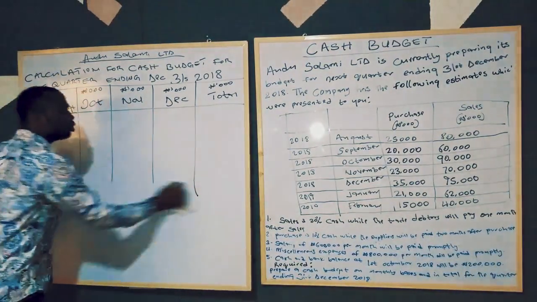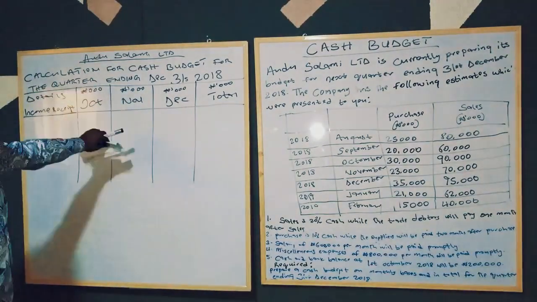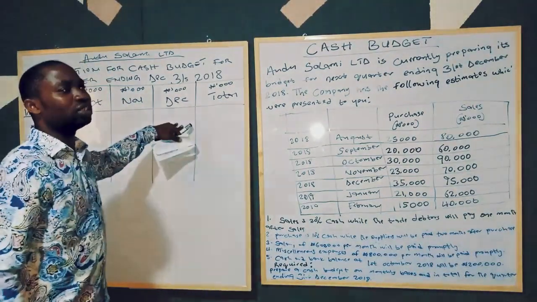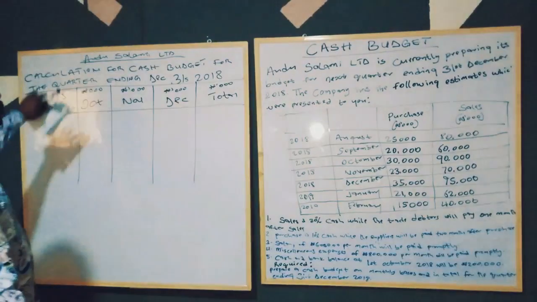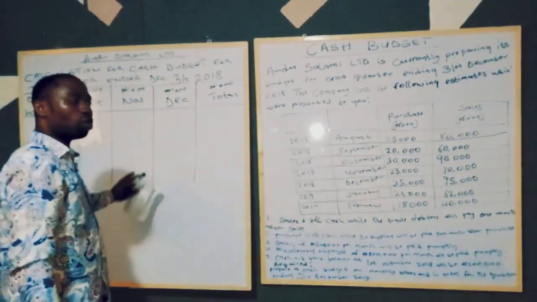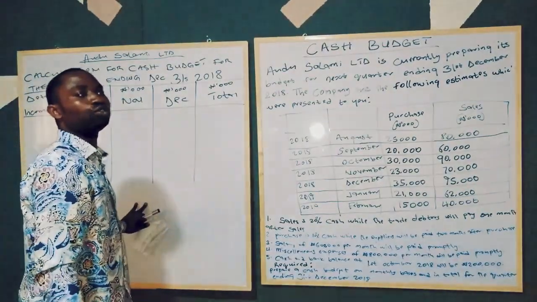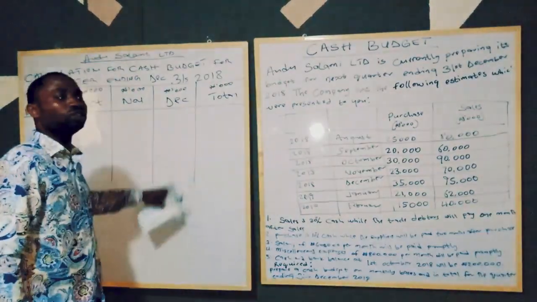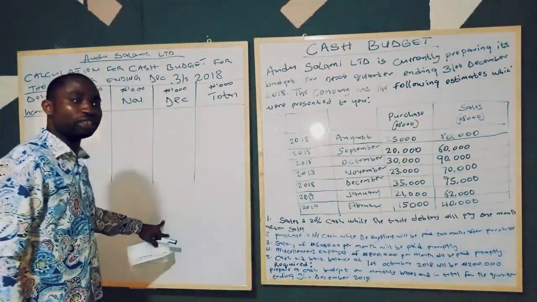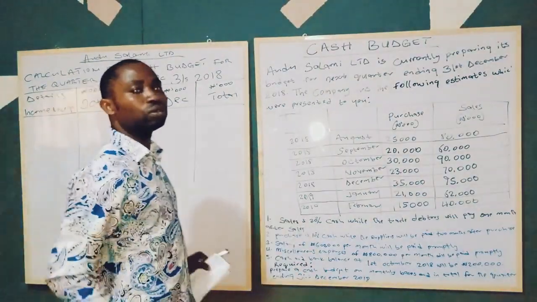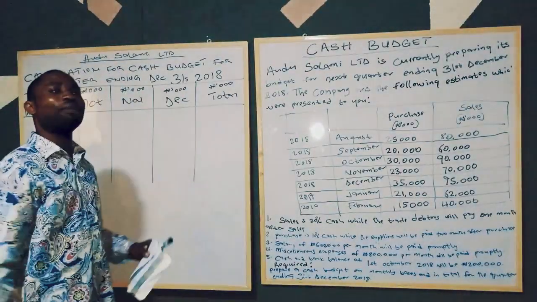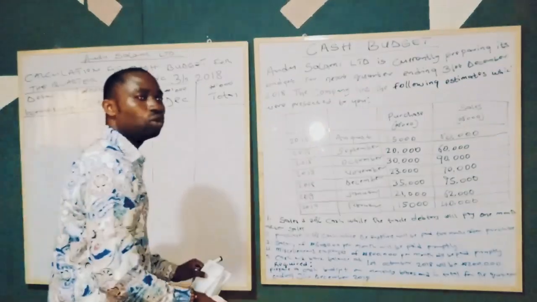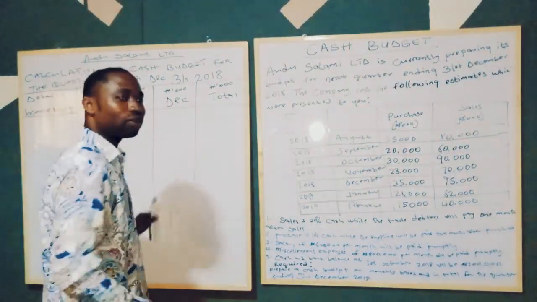So what we are going to be doing here is that we are going to calculate all the income for these 3 months. Then we are going to calculate all the expenses or payments for these 3 months also. Then we are going to subtract the expenses from the income to get our net cash flow. Then we add our balance brought forward to our cash flow, and that becomes our balance brought down for that month.